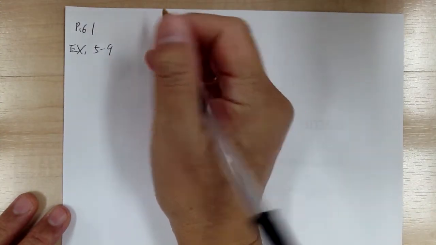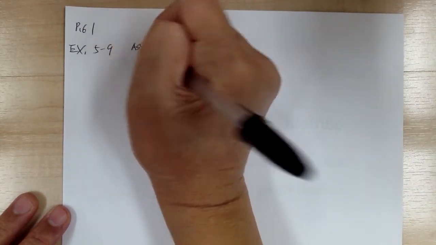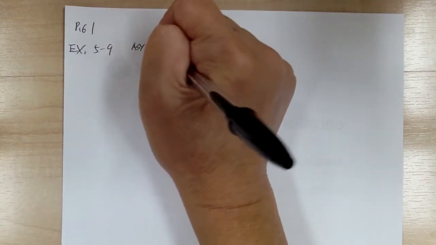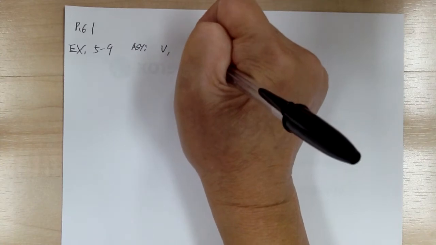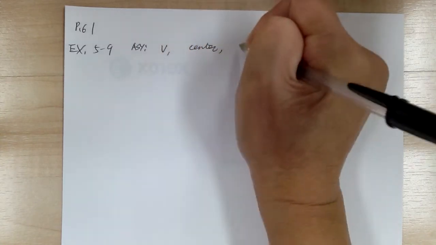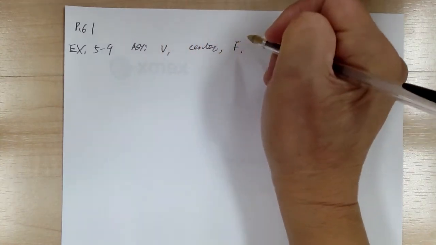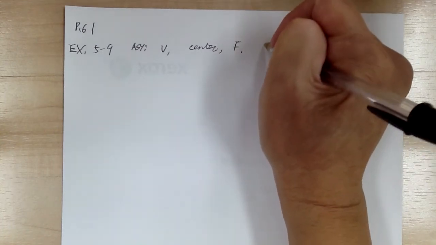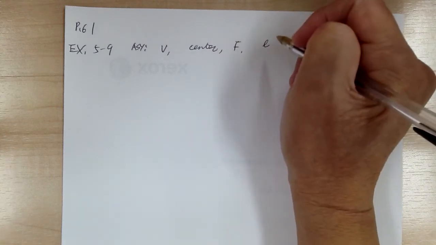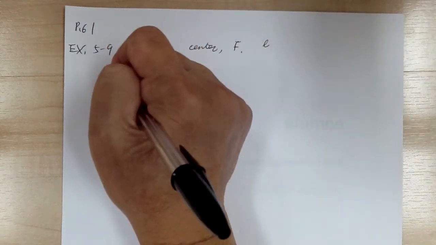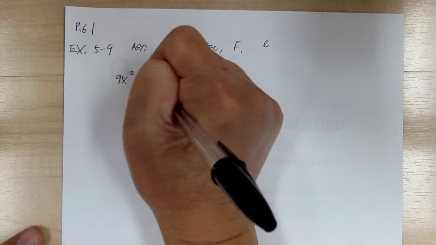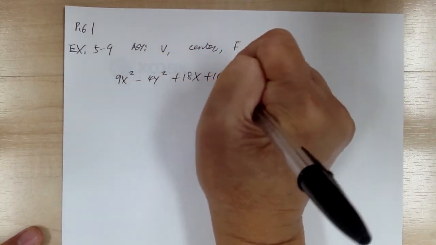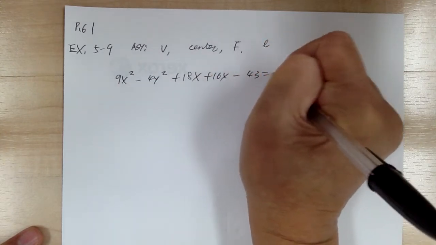It says find the asymptotes, vertices, center, foci, and the length of the axes, given the equation 9x squared minus 4y squared plus 18x plus 16y minus 43 equal to 0.